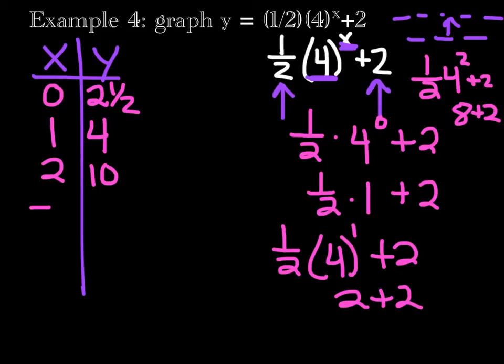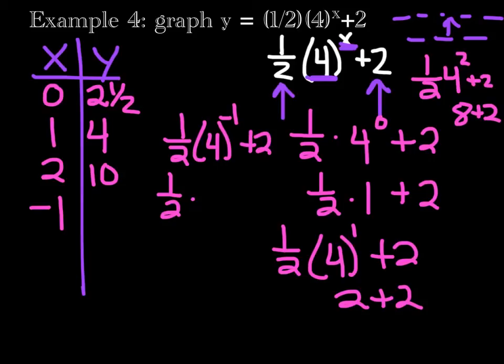Let's go the other direction. If x is negative 1, 1/2 of 4 to the negative 1 power plus 2. So it's half times 1/4 plus 2. Half of 1/4 is 1/8, plus 2 would be 2 1/8. So it went from 2.5 to 2 1/8.